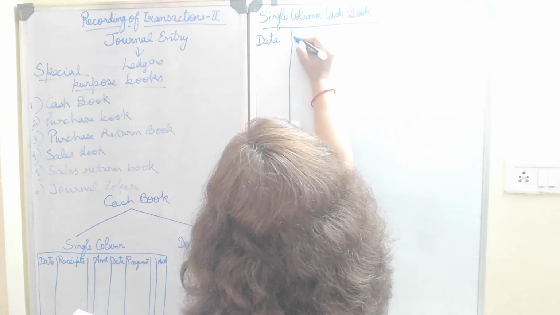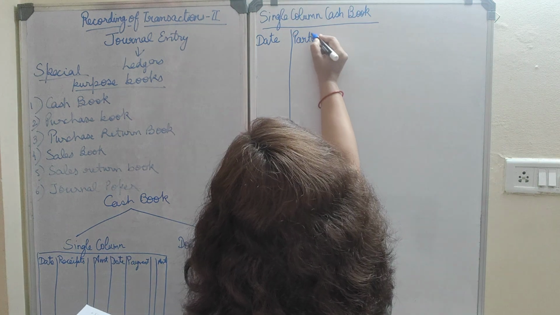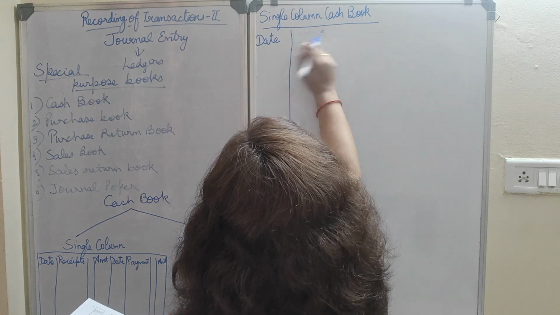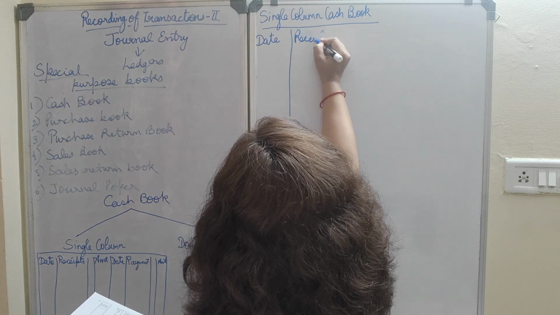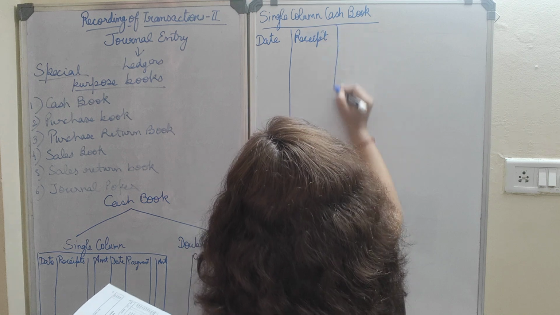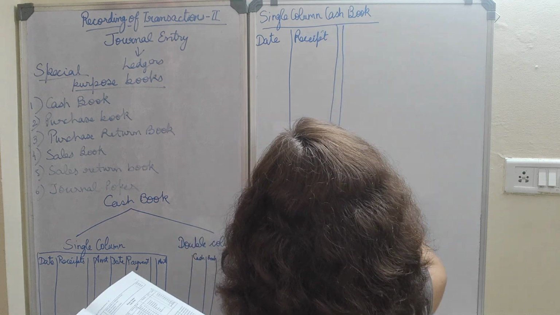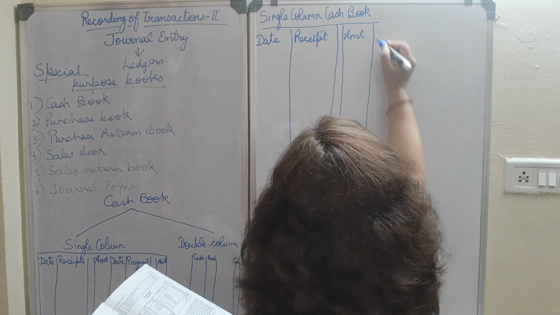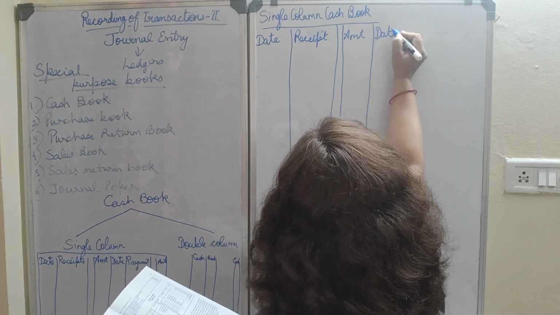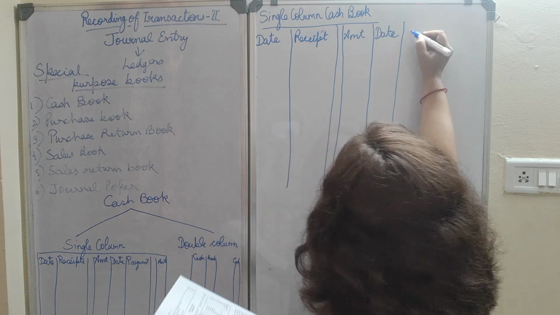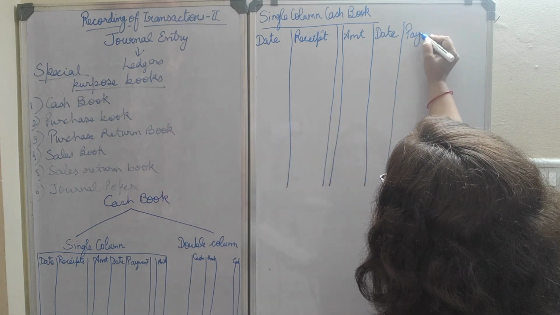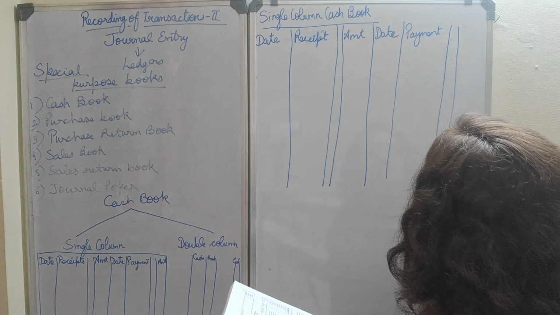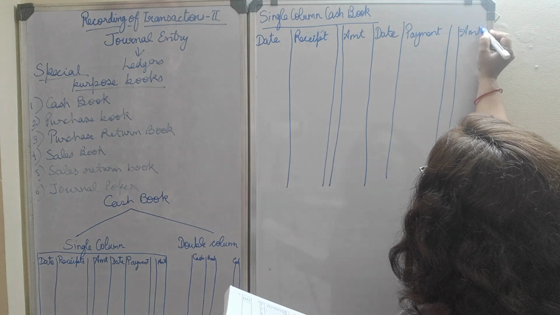Date, then particulars, in case of cash book we write receipts, then again the journal folio, then the amount, then the date, then comes the payment, then again journal folio, and here comes the amount.